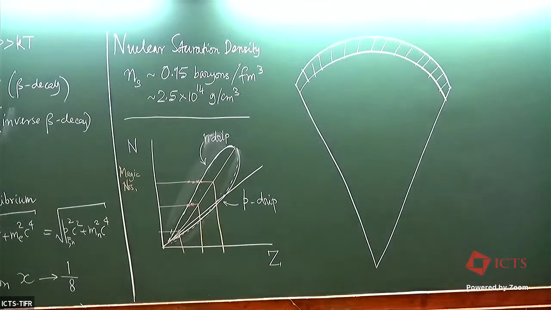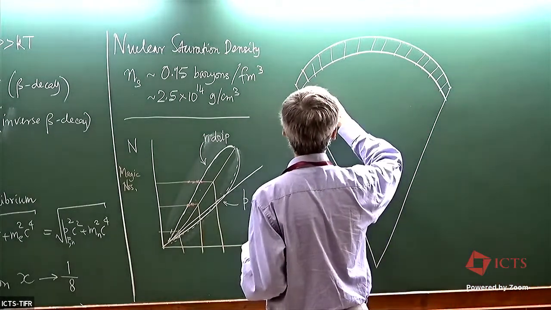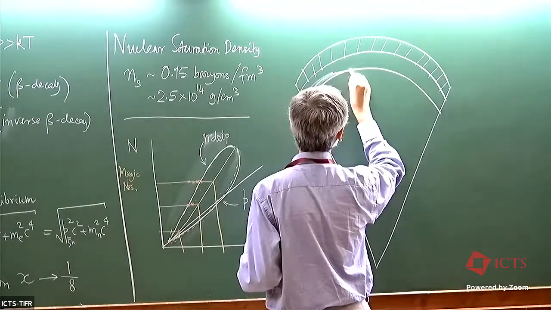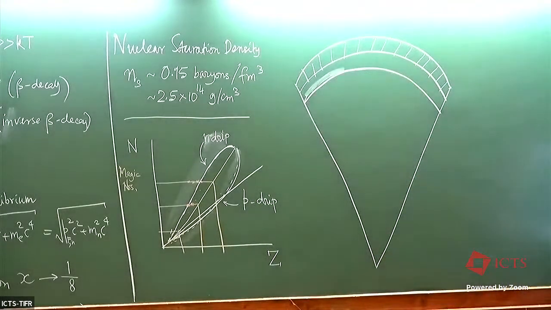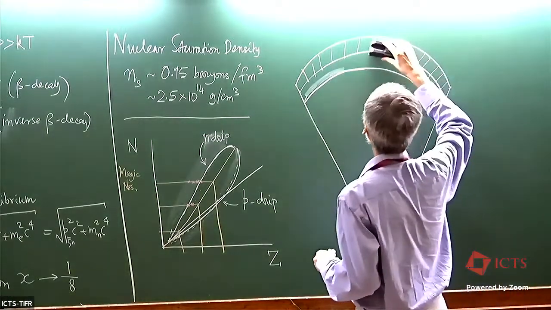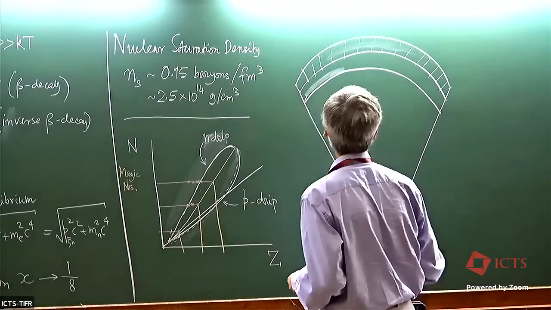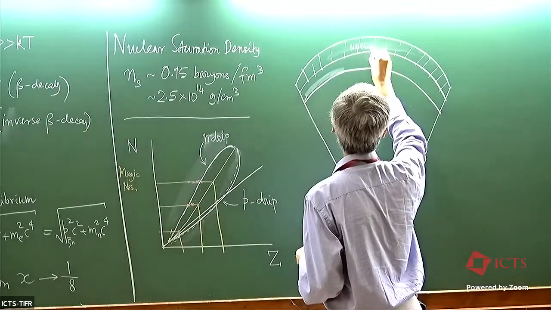And these nuclei are not like the terrestrial nuclei, but they have a larger fraction of neutrons in them than the terrestrial nuclei. But this can only occur up to a certain depth. So this, I would say, is a region where you have nuclei.